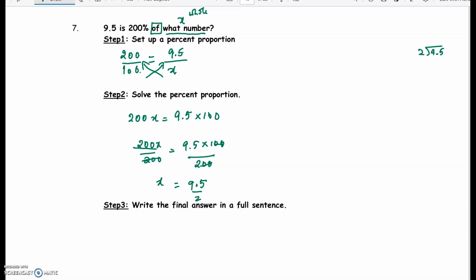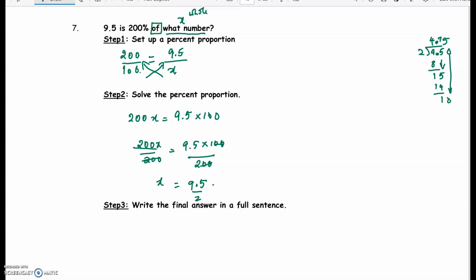If you can do that in your head, that's fine, but if not, just do the calculations. 2 times 4 is 8. Subtract to get a 1, bring the 5 down. 2 7s are 14. Remainder 1. Remember there's a decimal here. And then bring a 0 down. 2 5s are 10.